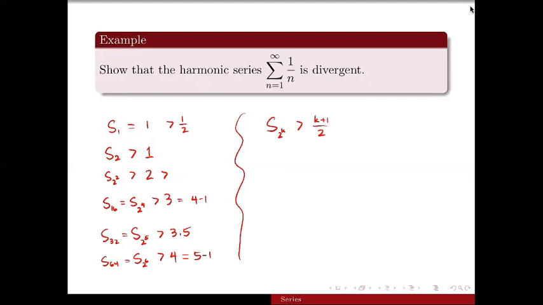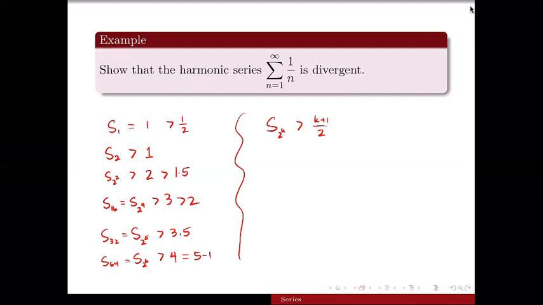This is greater than 1.5. And then here, this is greater than 2. That's what we know. And then this guy here, this is greater than 3.